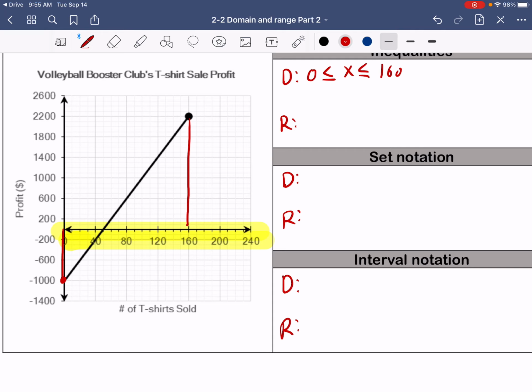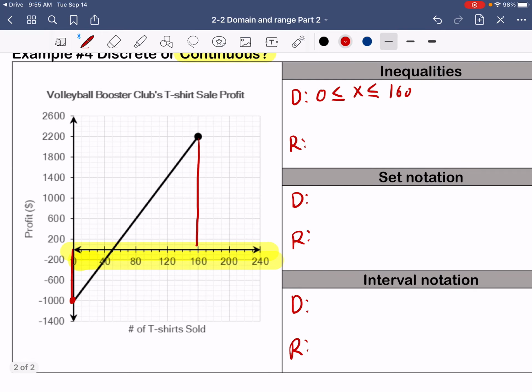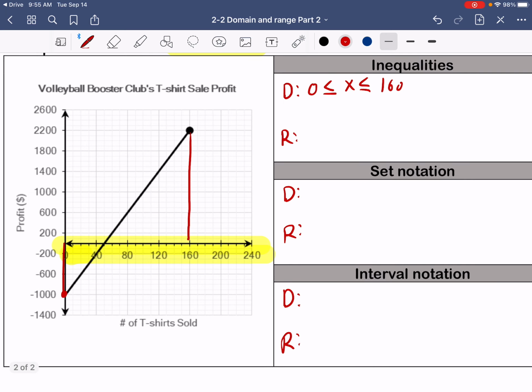It's only because you have 160 t-shirts in total. How can I write this one down in interval notation? I mean, you should be able to do this one by yourself now. Like this. Interval notation 0 to 160.